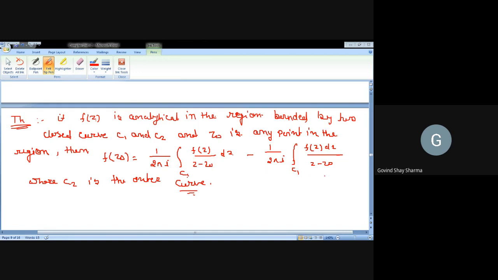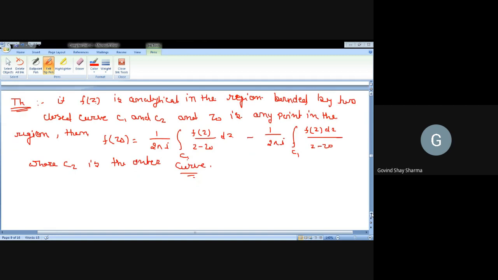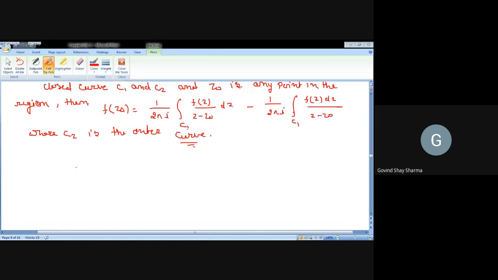Now we will move to another theorem or formula. Actually, there we have to derive some formula.